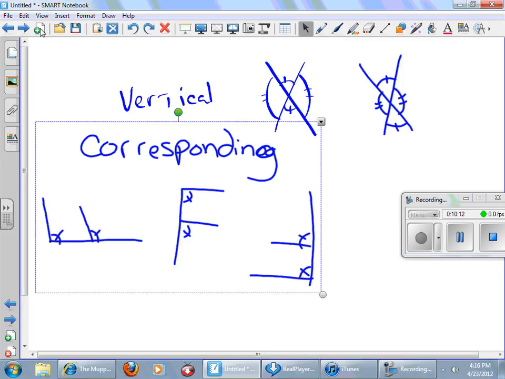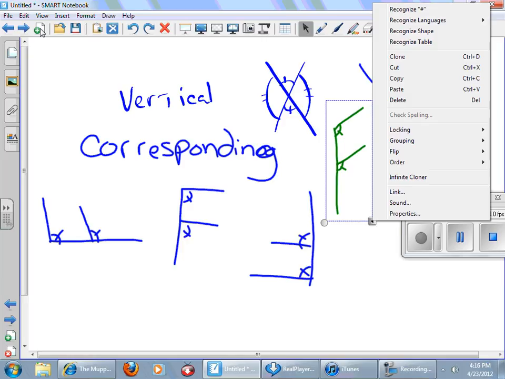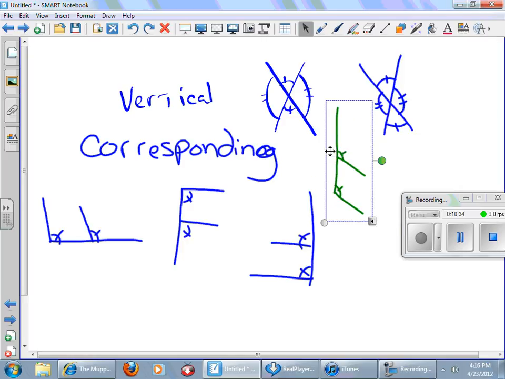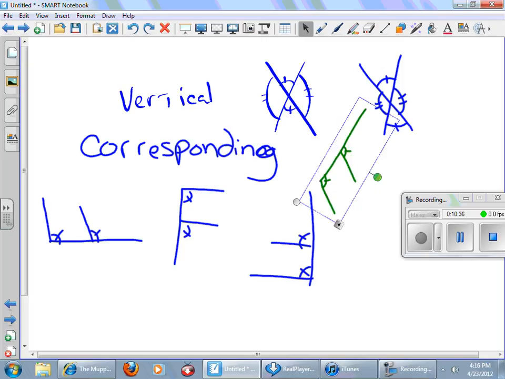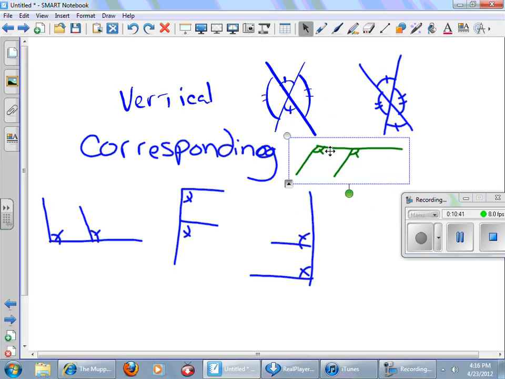Let me draw one that's free so I can spin it. See, those are the same. The F could be like that. It could be like this, laying on its front. It could be facing the other way. Like that. So those are corresponding angles.